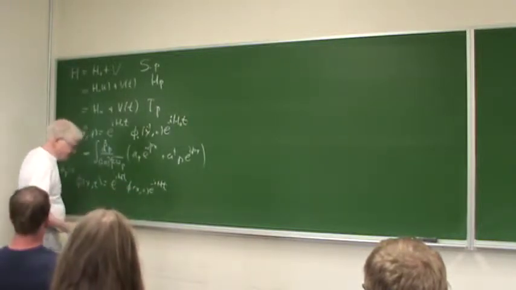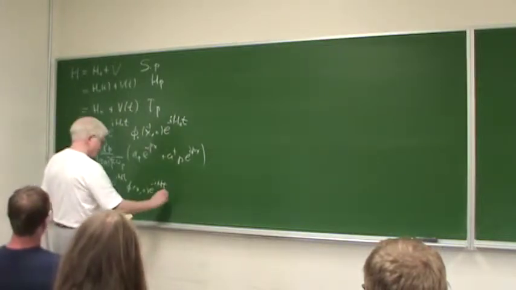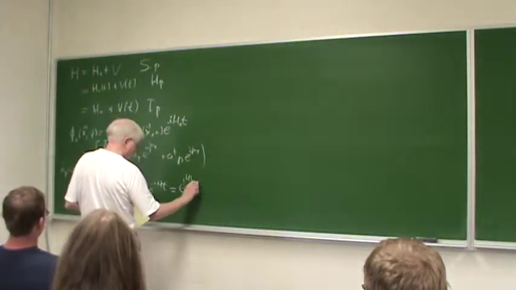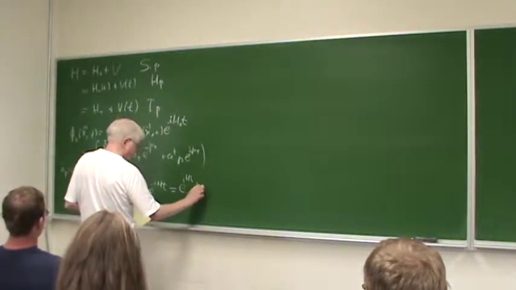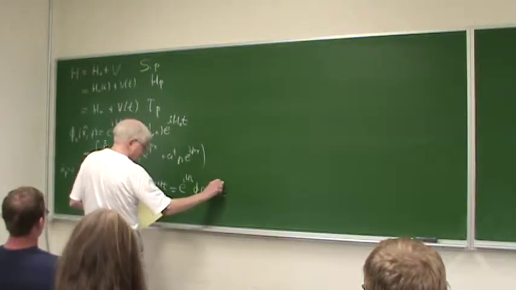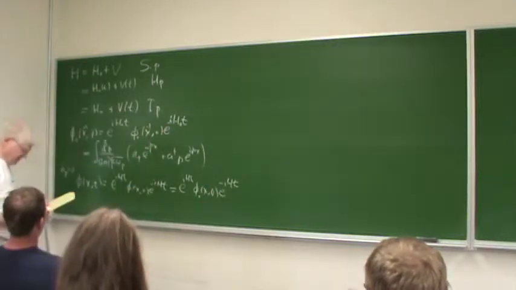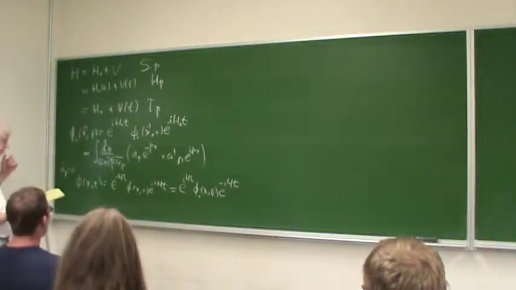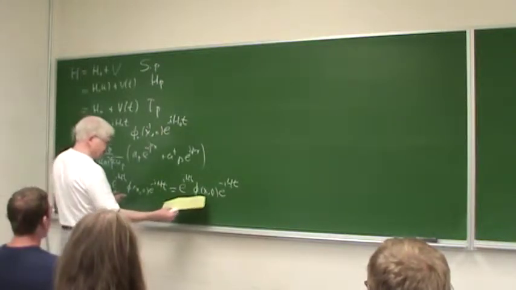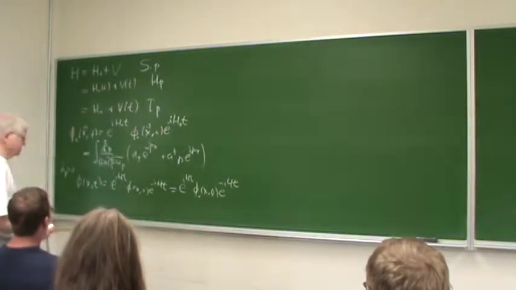Letting all the fields be the same at time 0, this is e to the i H t, phi 0 of x and 0, e to the minus i H t. So this is our picture that the interacting field is the same as the free field at time 0.